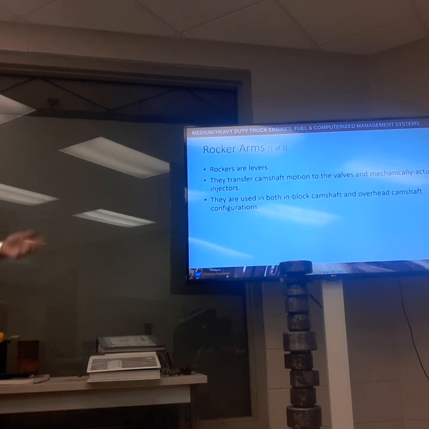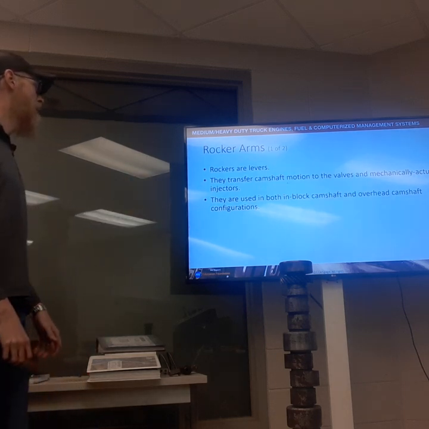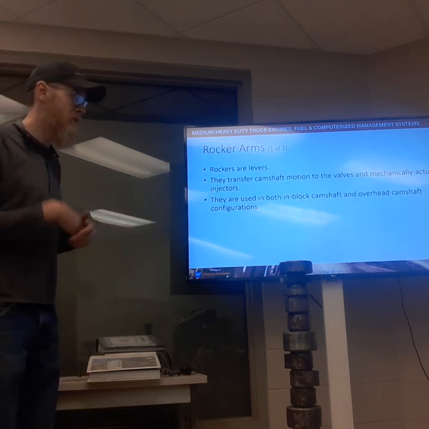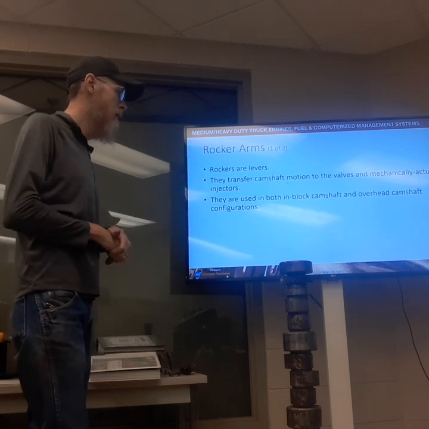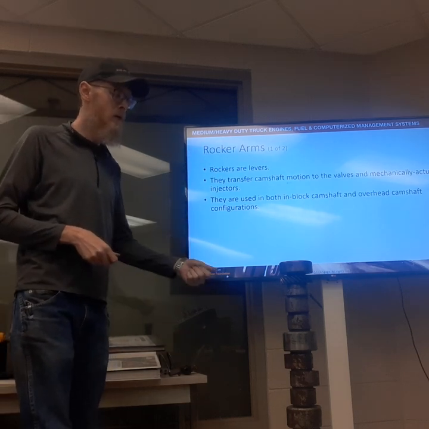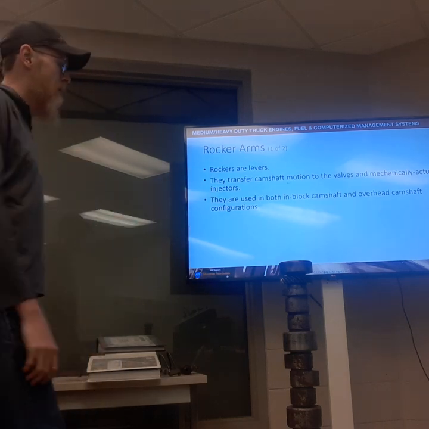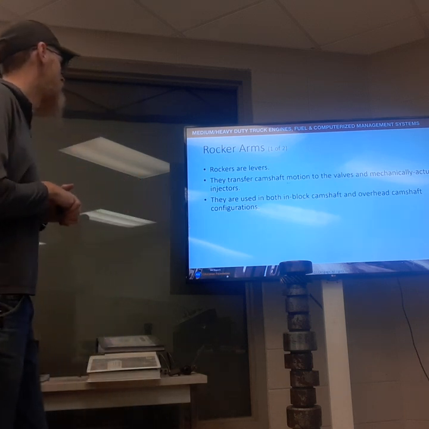Just to reiterate some things here, we're talking about the rocker arms in this slide. The rocker arms are just levers, which is not a relation that I made originally, but it's just a lever. On one side of the lever, our cam lobe is pushing on that lever, and on the other side of that lever, we're pushing on the valves to make them open.